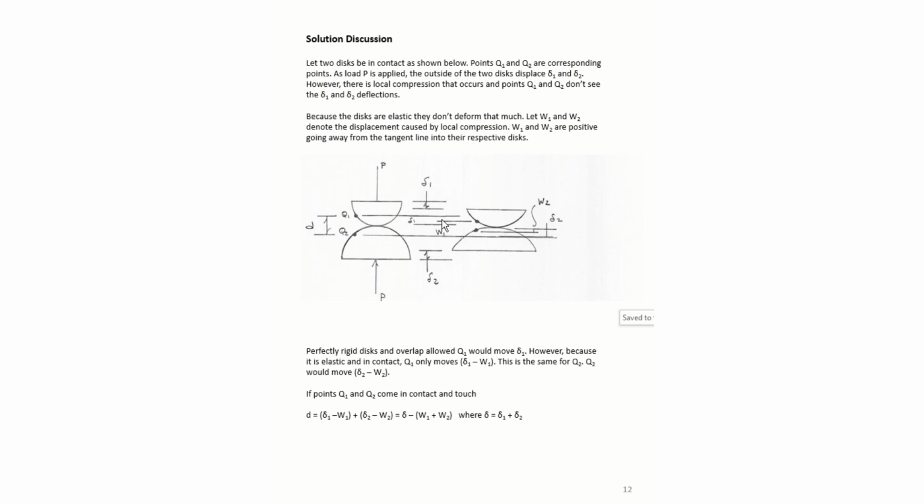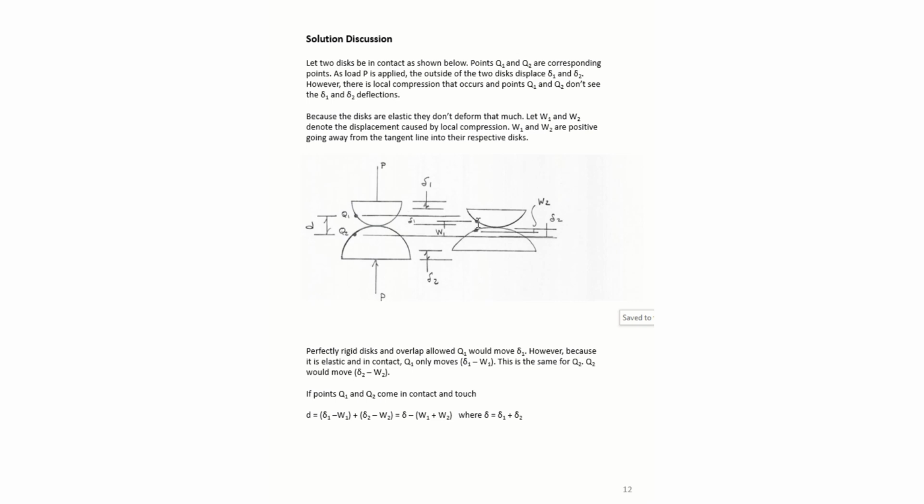And so Q1 moves down a distance delta 1, which would be this full distance if it was rigid. But since it's elastic, it really only moves down delta 1 minus this W1. And that would be the distance that point Q1 actually moves down, because it's an elastic body and not a rigid body.